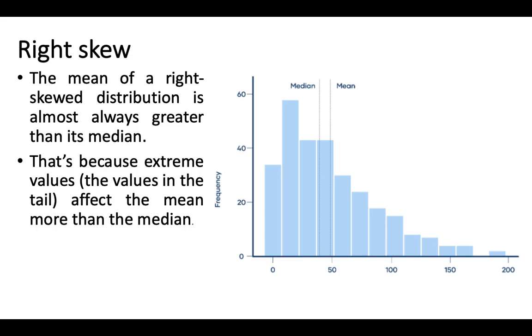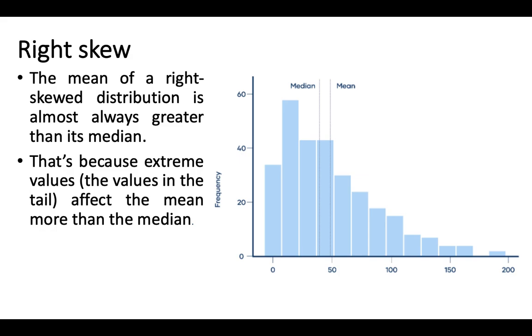When you have a very high value or very low value, the mean will be disturbed, but the median will not be disturbed, because the median is always the middle value. So when your mean is greater than the median, that means your data is right skewed or positively skewed.